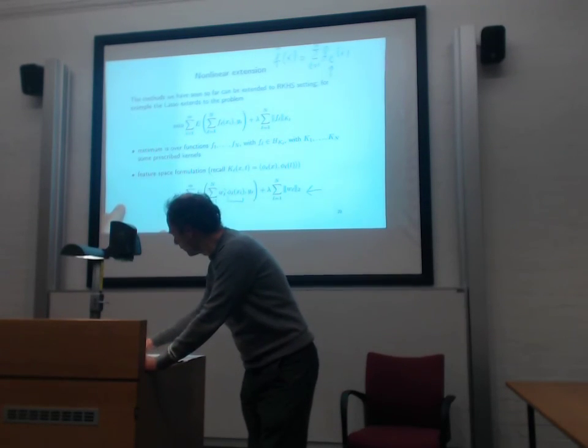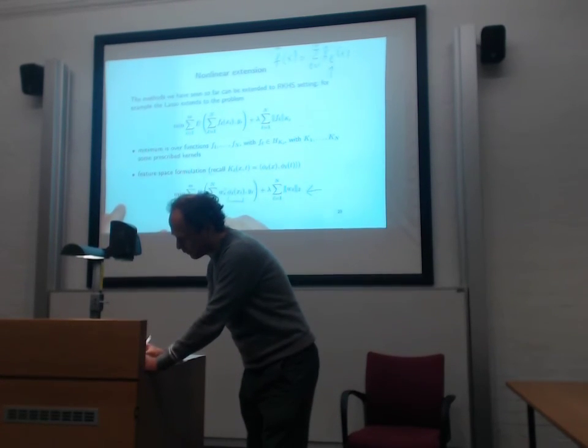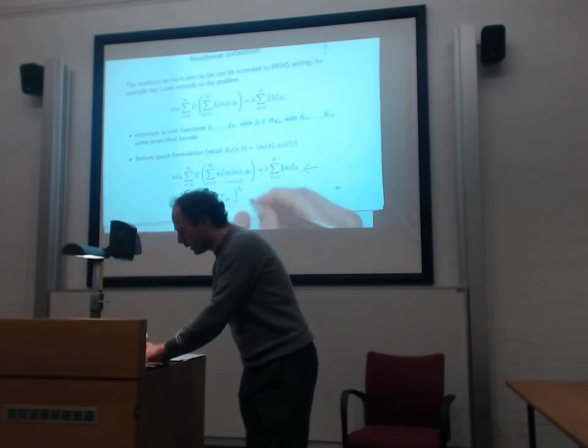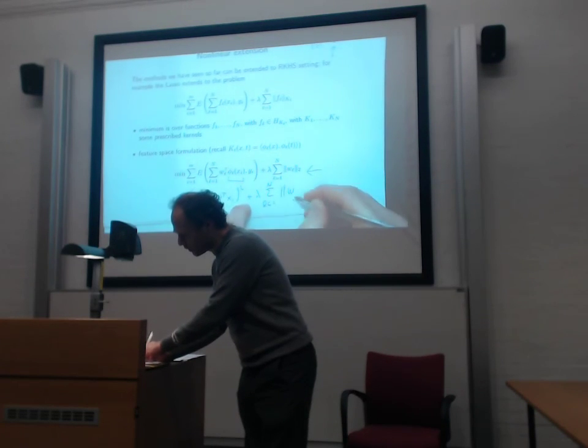So let me write down quickly. So we had the sum over i. Let's consider the square loss. So we had y_i minus w dot x_i. That's the square error. Right? And then I was saying that it was lambda, and then it was the sum over l from 1 to n, and then it was w_jl, right?